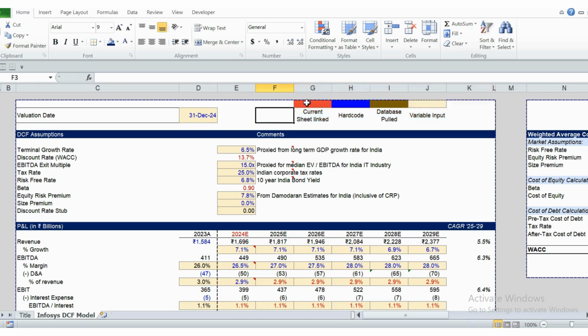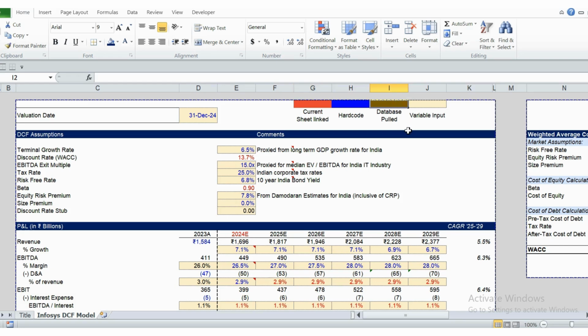So first, these are the color codes that are mostly used in investment banks. Red is used for current sheet links, meaning the number is linked from another cell present in the same sheet. Next is the hard code, which is presented by blue numbers.